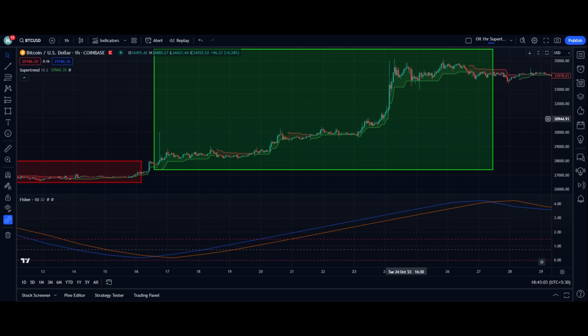So I think the strategy is quite well explained. We are looking at the Fisher first. The first idea is Fisher. You should always know whether the Fisher is bullish or bearish without even having to look at it, because it changes very rarely.